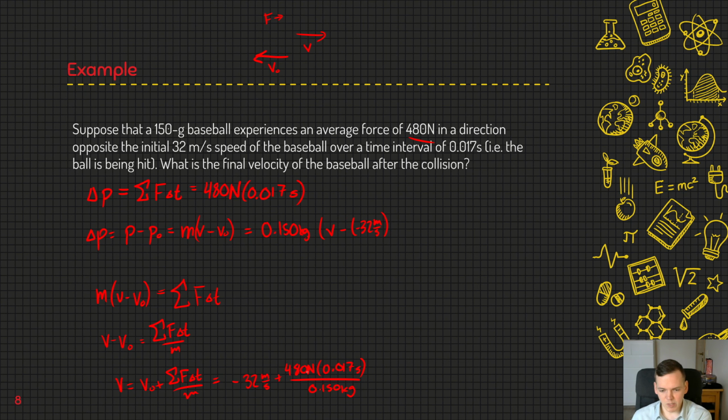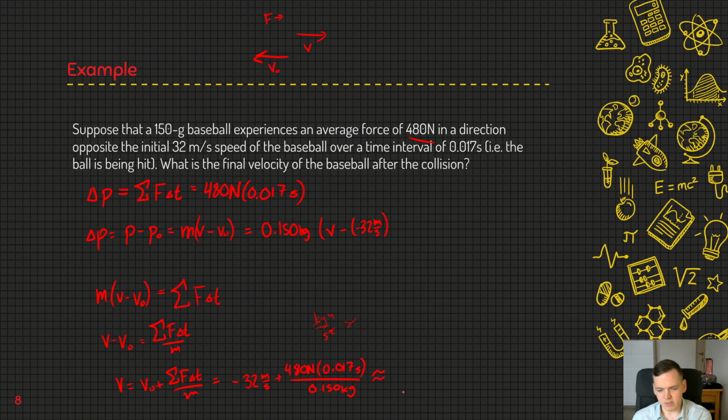A newton is a kilogram meter per second squared, so if you do kilograms meters per second squared, you multiply by seconds, the seconds cancel, divide by kilograms, you're left with just meters per second, so our units will work out.